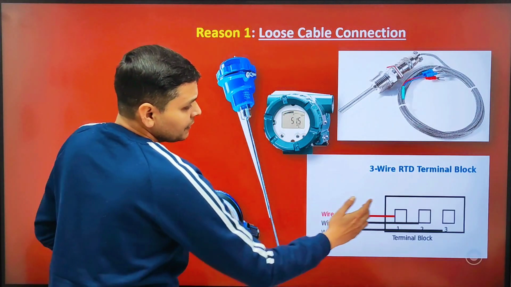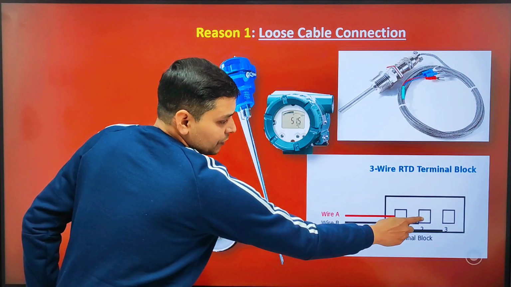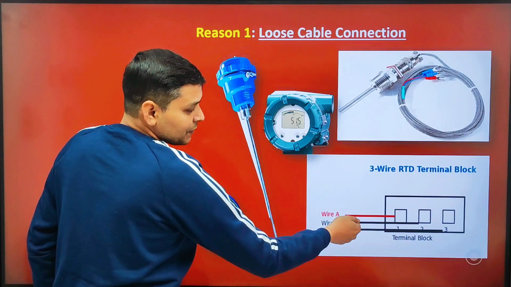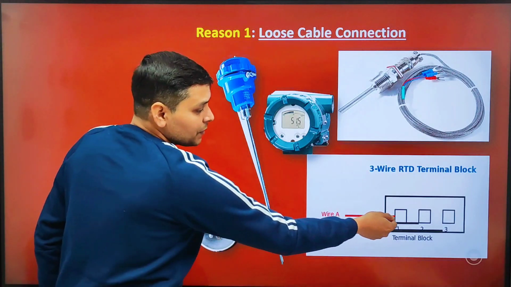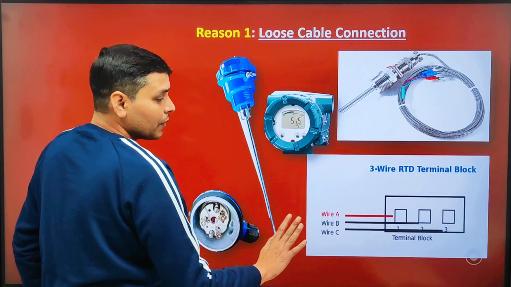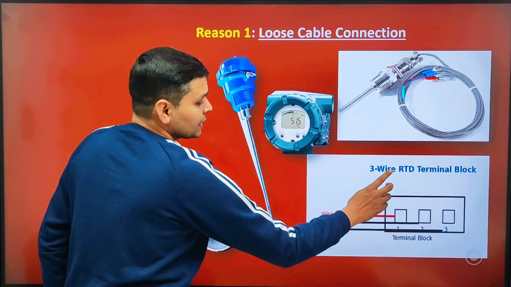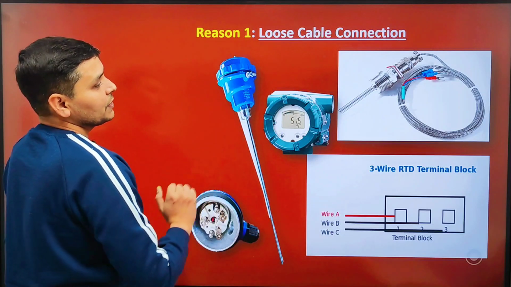It may happen that a wire will be loose from 1, 2 or 3. It may be any wire. Suppose the first wire is loose, so it will make connection or it will lose connection. Sometimes it will make connection and sometimes it will lose connection. So in that case, the readings will fluctuate.